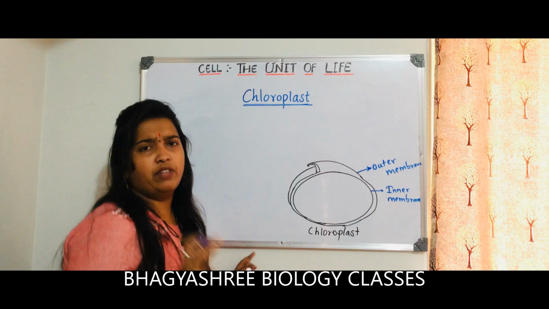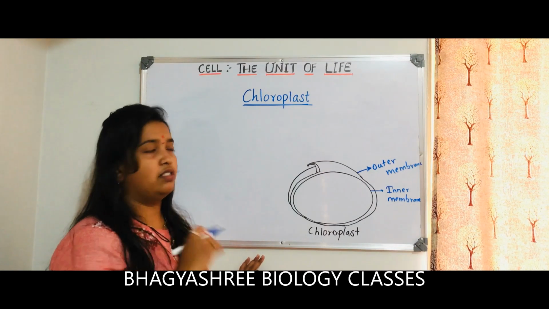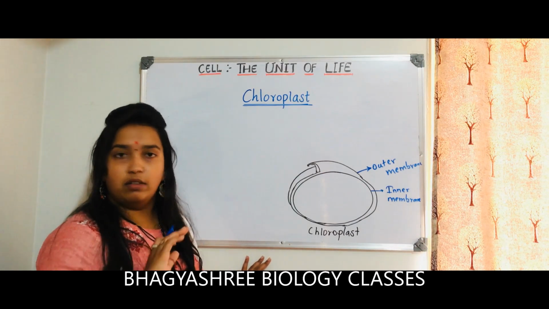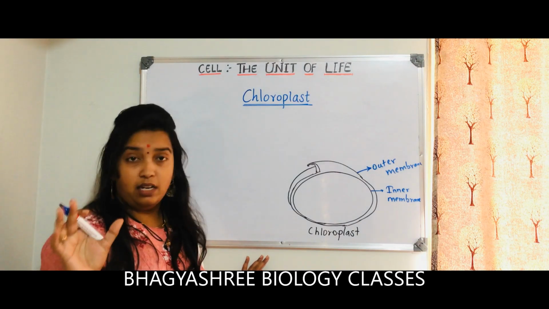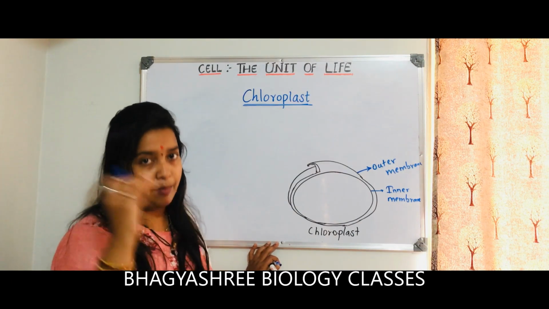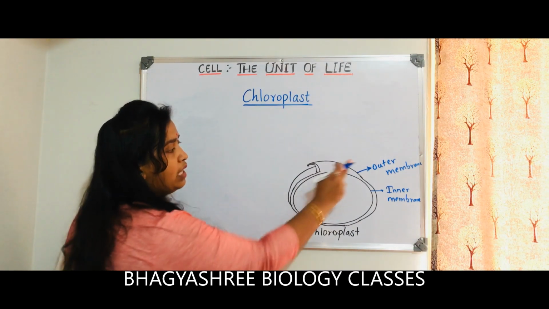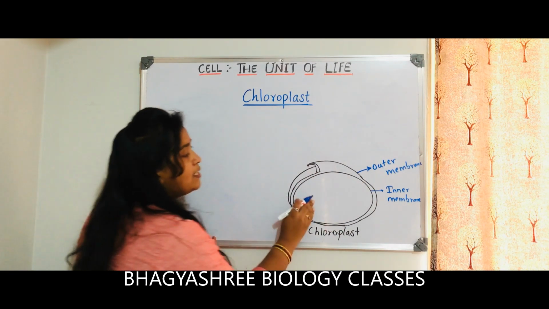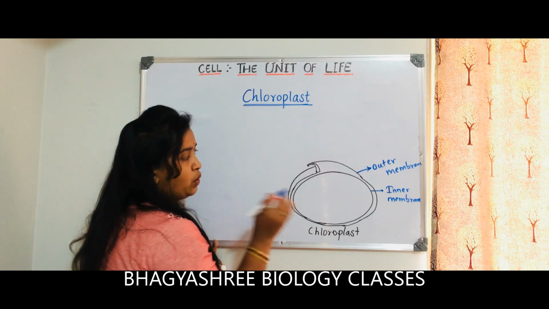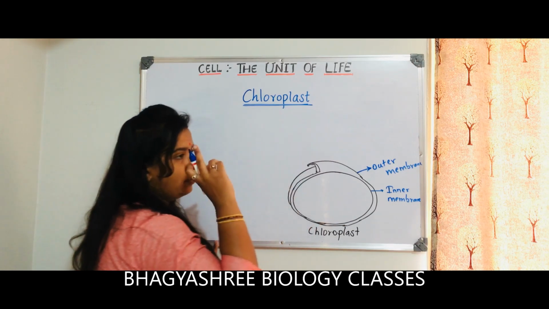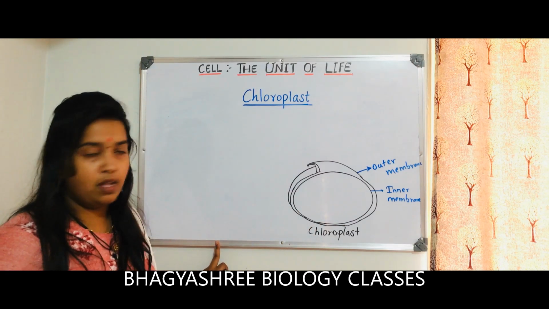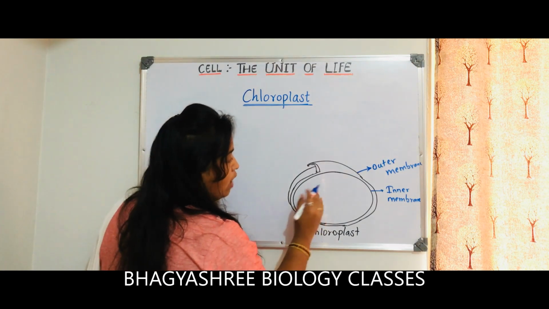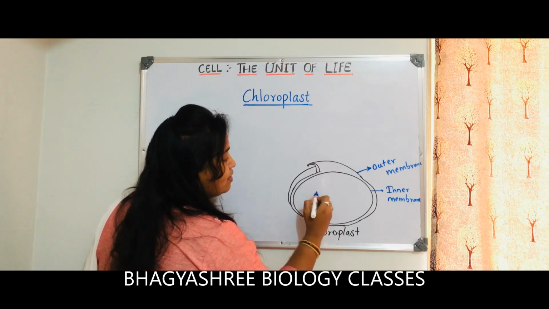You are very familiar with chloroplast, I know that, because in photosynthesis we have done it completely. Everything is done there, but still we need to understand the structure, because in this chapter we have this. So there are two membranes, outer membrane and inner membrane. Then what is this space enclosed with? To understand this space, in the photosynthesis chapter, it plays a very important role. Now here what you can see, this space is called stroma.